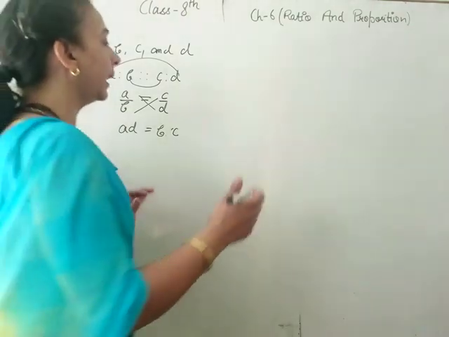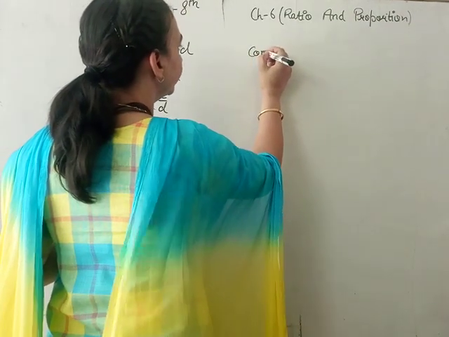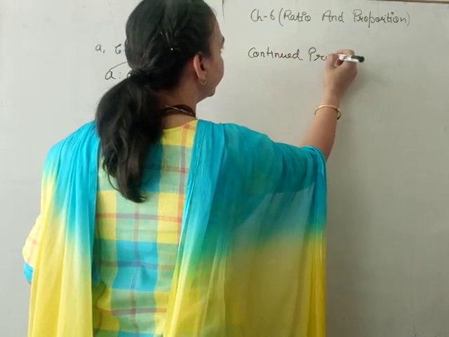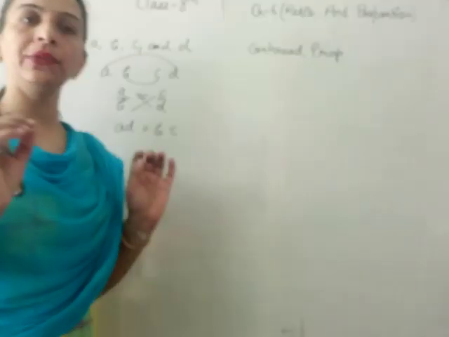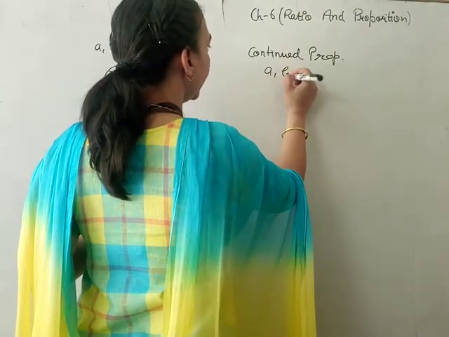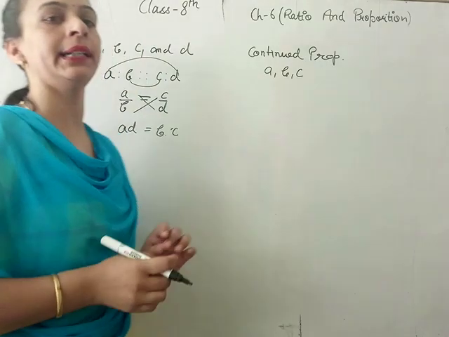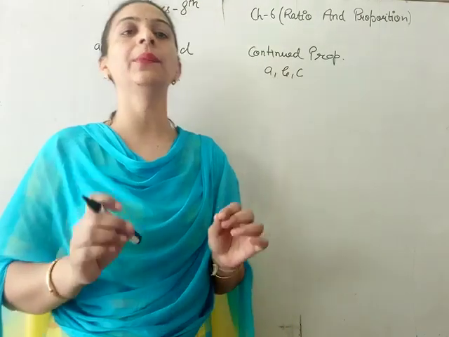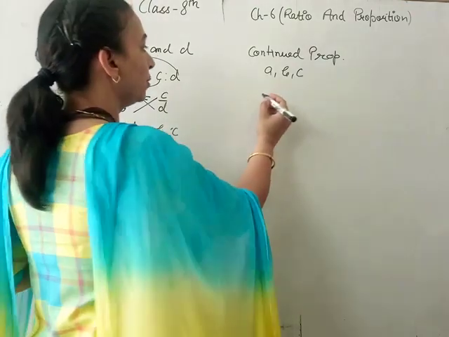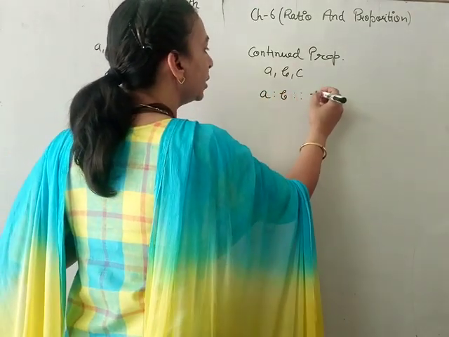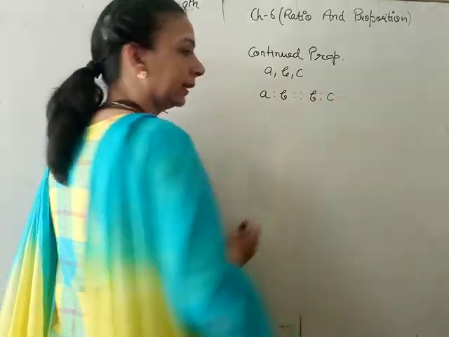Students, there is also continued proportion. What is continued proportion? If there are three quantities A, B and C, and these three quantities are said to be in continued proportion if the ratio of first to second is the same as the ratio of second to third.